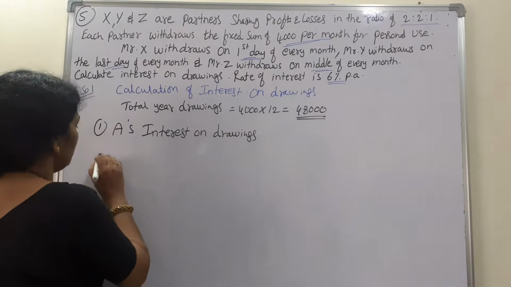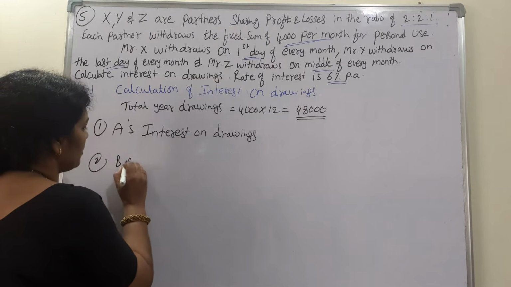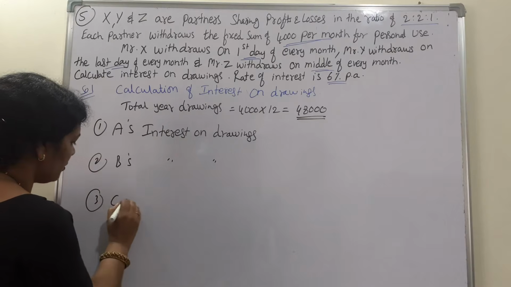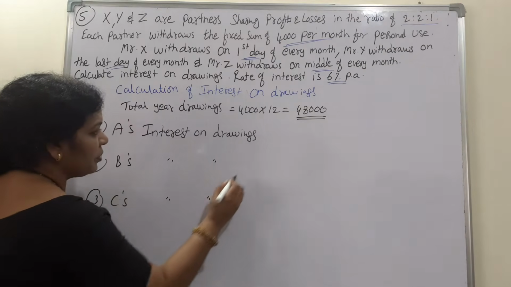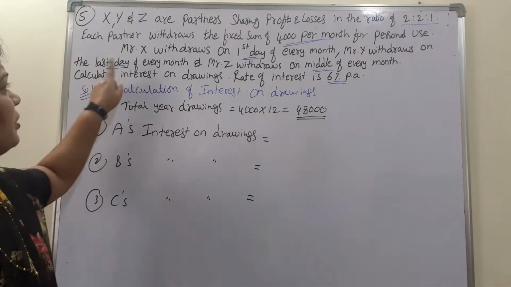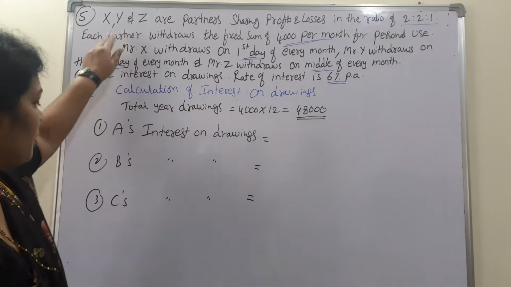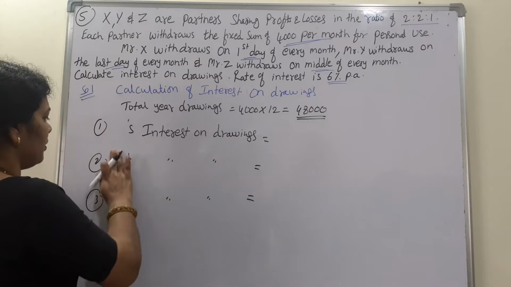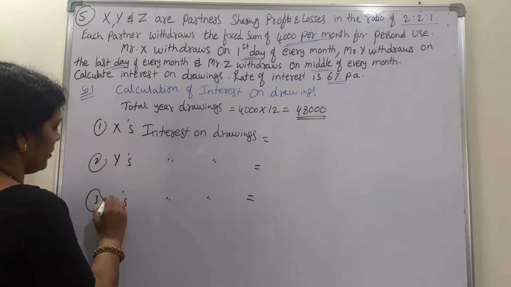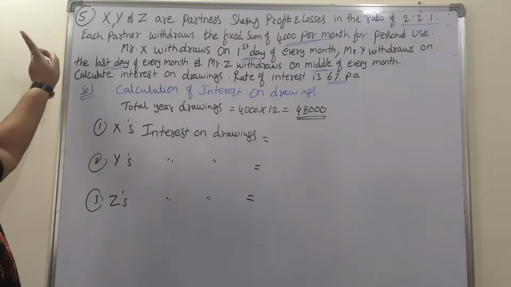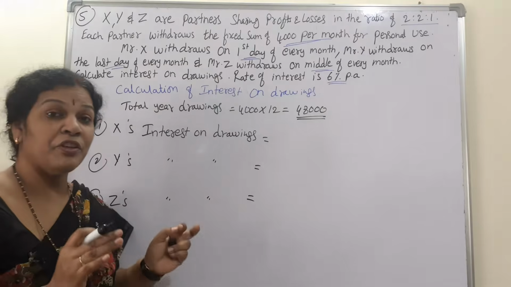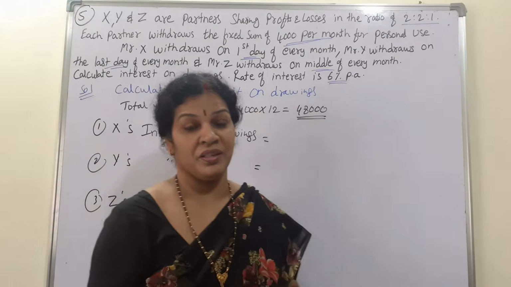In the same way, interest on drawings for B, and next, for C. We'll write X, Y, Z. Mr. X withdraws on the first day of every month. Every month, on the first day, he is withdrawing.